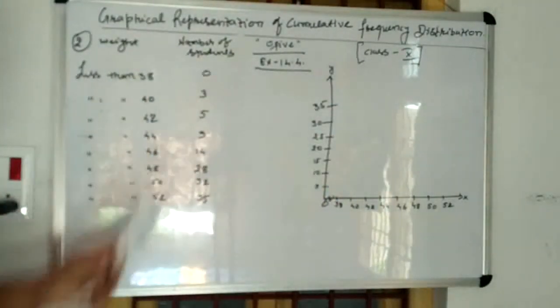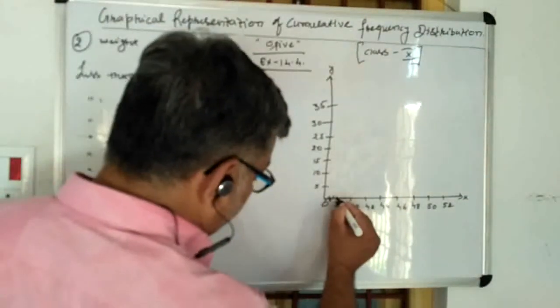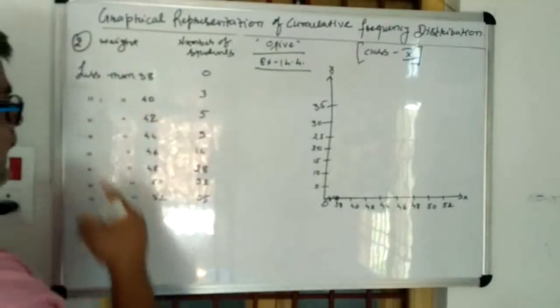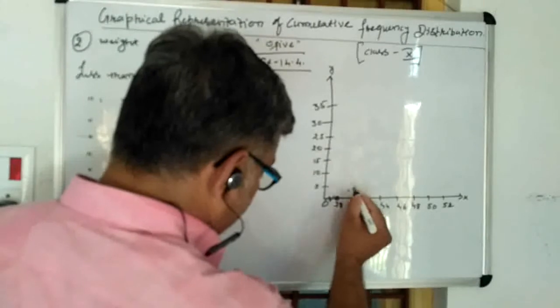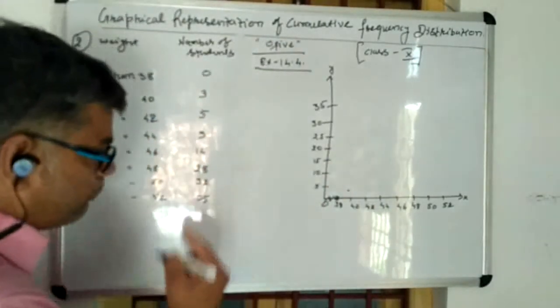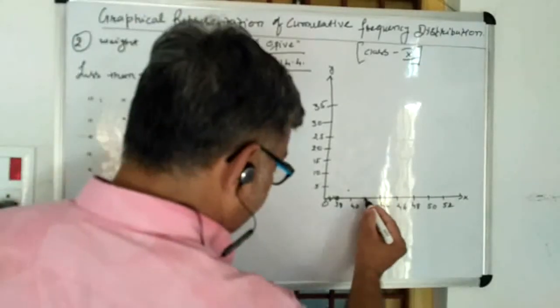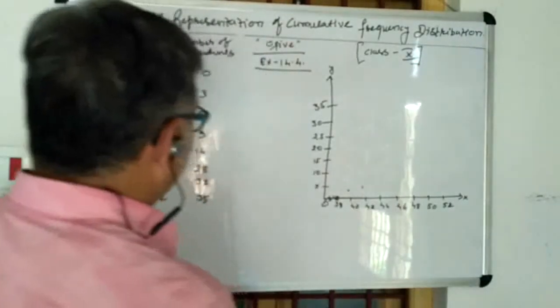Now the first point will be less than 38 is 0, so your first point will be here on the x-axis. Less than 40 is 3, so it will be here, just below 5. Then 42, 5, will be here.